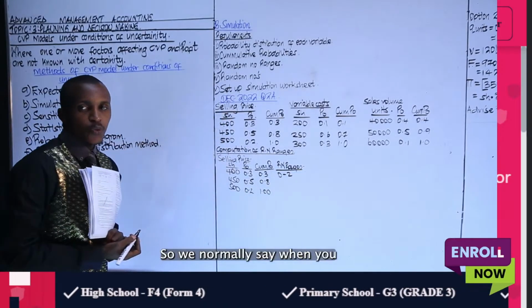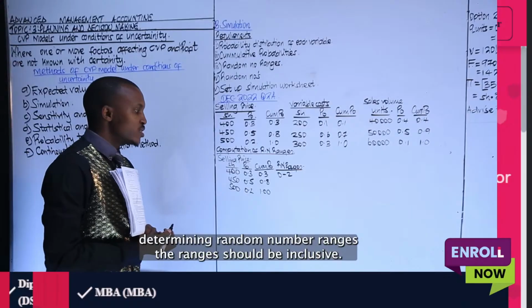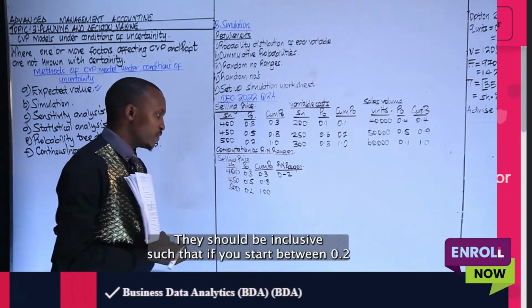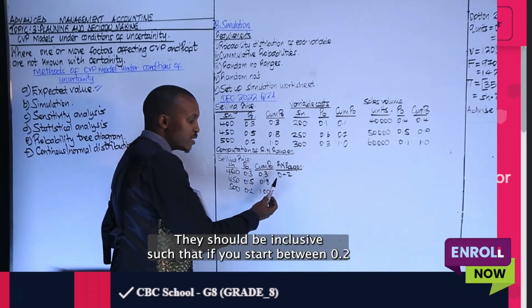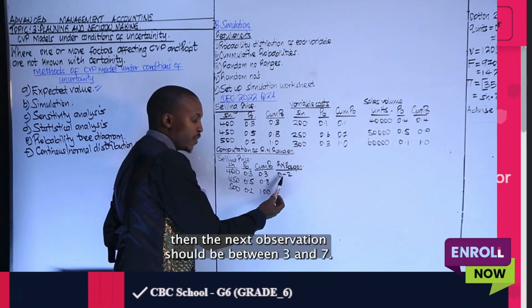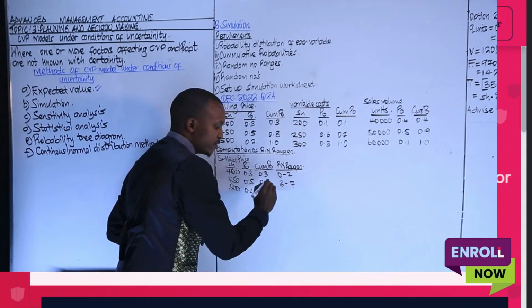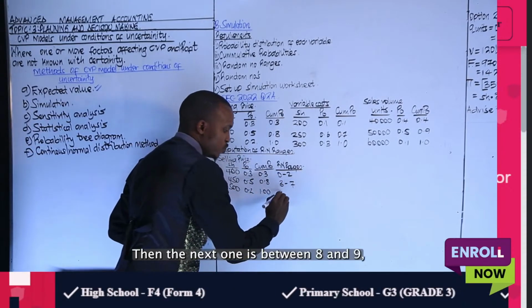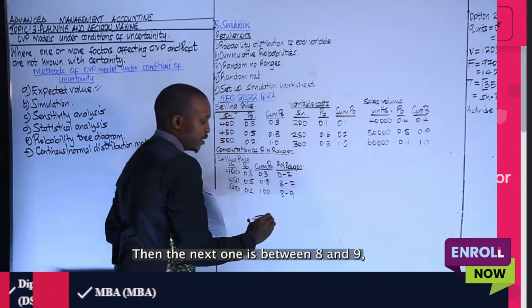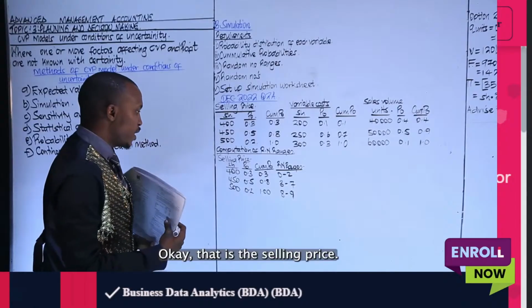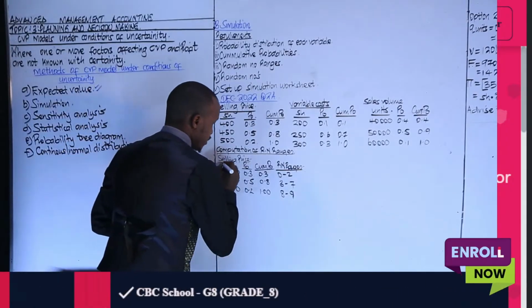We normally say when you're determining random number ranges, the ranges should be inclusive, such that if you start between 0 and 2, then the next observation should be between 3 and 7. Then the next one is between 8 and 9. That is the selling price.